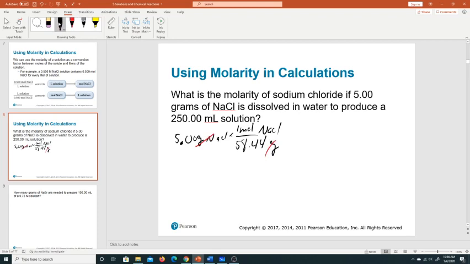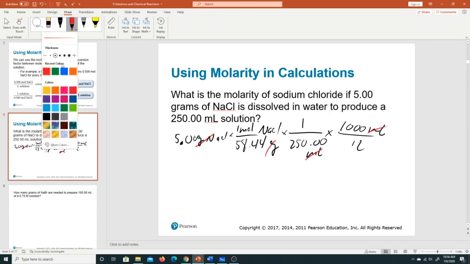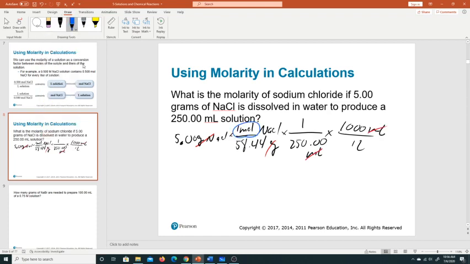Now molarity is defined as moles per liter. We have 250 milliliters, so the way I do the problems, I'm just going to put 1 over 250.00 milliliters. So now we've got moles per milliliter. To get rid of milliliters, we say it's 1,000 milliliters in 1 liter, and now the milliliters all cancel out, and what we end up with is moles on top, liters on the bottom, and that is the definition of moles per liter.